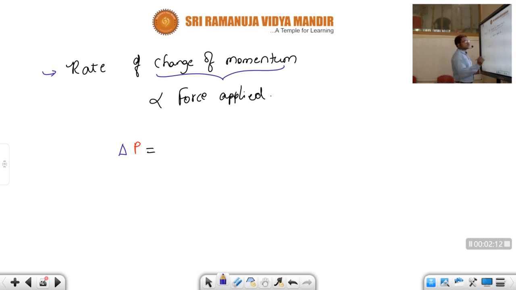Final momentum minus initial momentum, that is change in momentum.